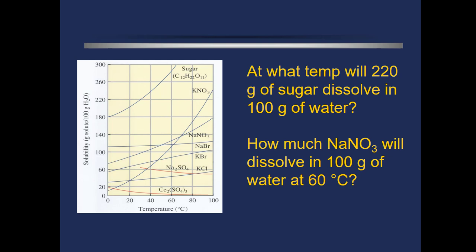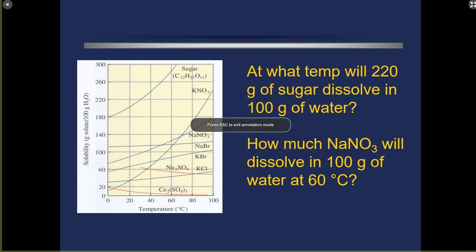Okay, we're back. So the first one says at what temperature were 220 grams of sugar. So the only value that they give us is the 220 grams. So we're going to start there. So we're going to look over here on our graph and find 220 grams of the sugar. So I'm going to look for the solute, and that's right here. And a clue here is, again, the temperature only goes from 0 to 100. So if I'm at 220 grams, of course, I'm going to be looking at my y-axis because only the y-axis goes up to 220.